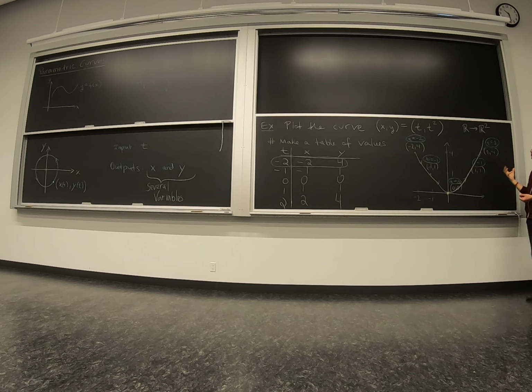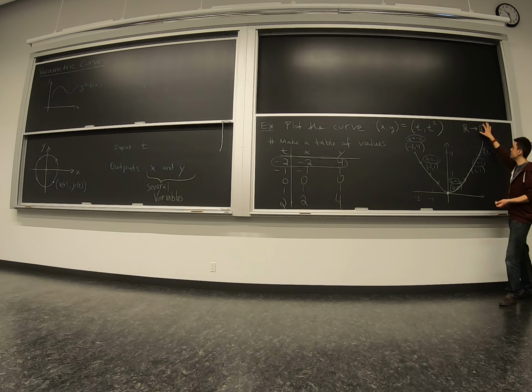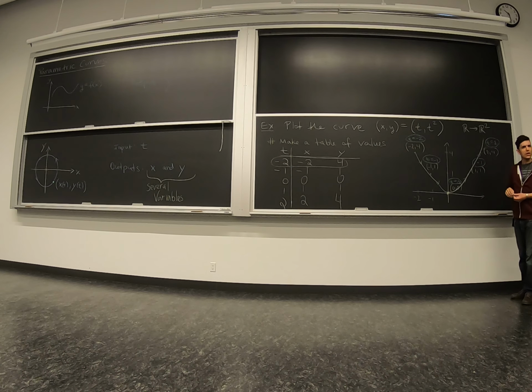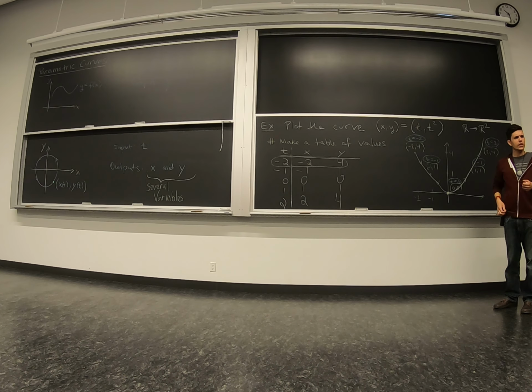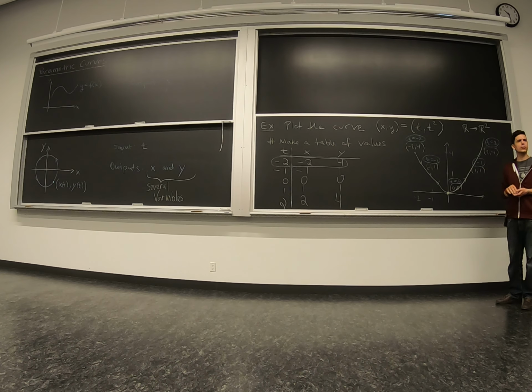So the outputs of this function should live somewhere in the plane, in this R2 here. Nice. In a couple weeks, we're going to plot things in space, but today we'll just focus on the plane.